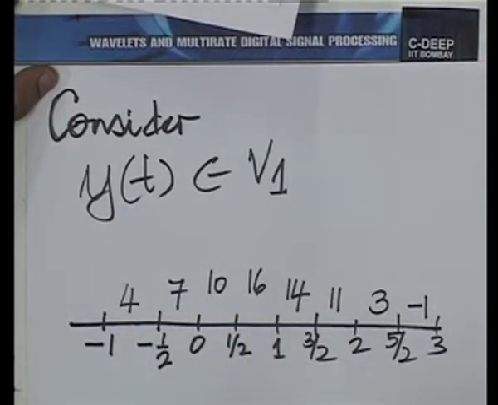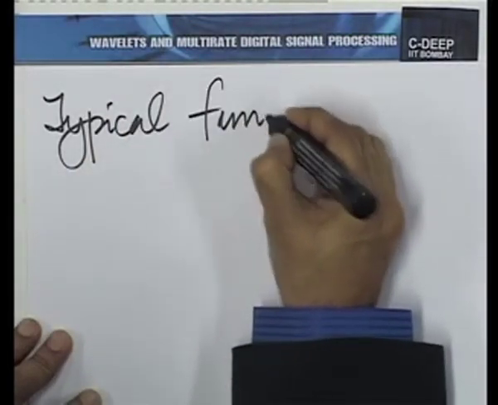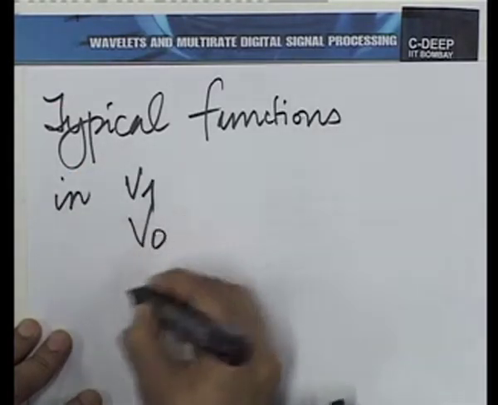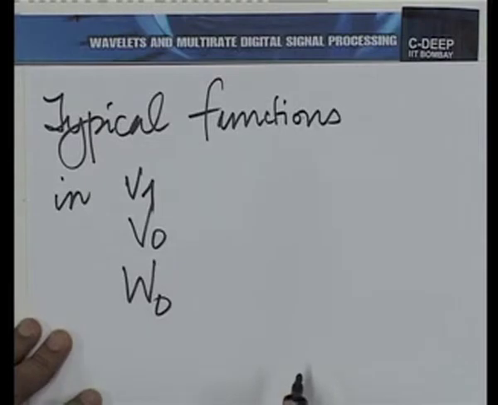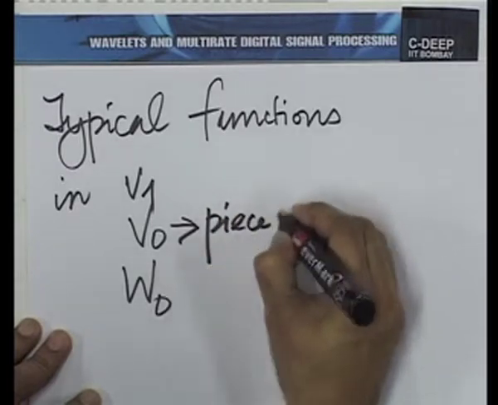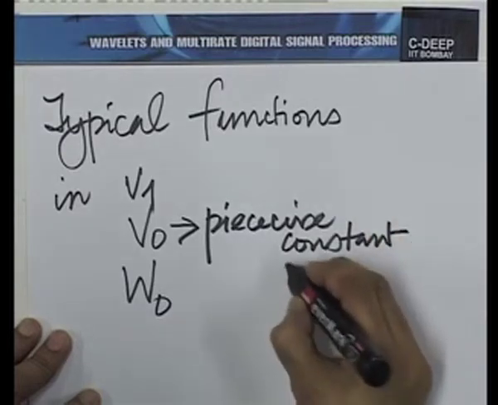Now, just for a minute, let us keep aside the discussion of this particular function and let us look at a typical function in V1, a typical function in V0 and a typical function in W0. Now, these are piecewise constant on the standard unit intervals.